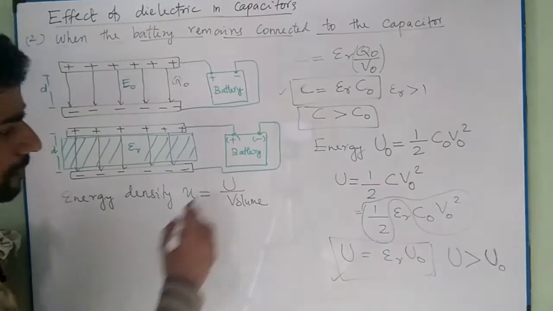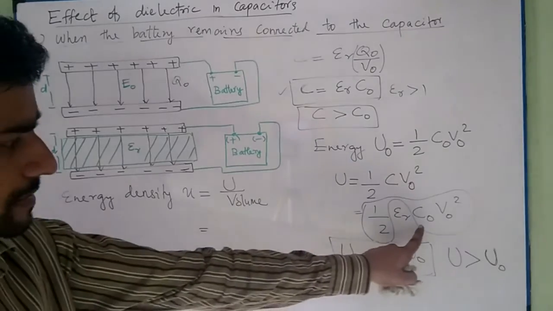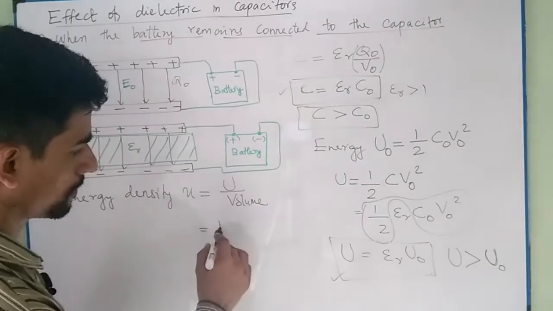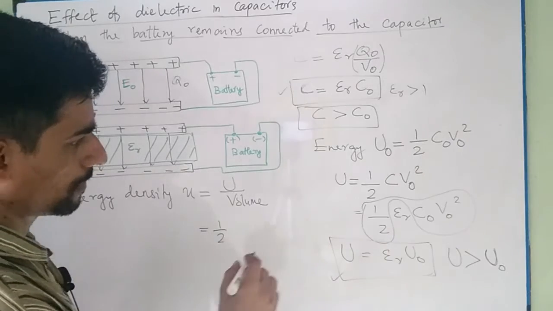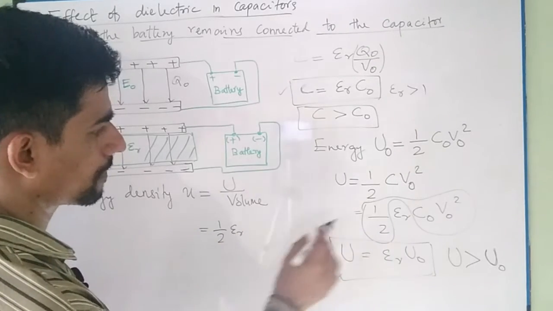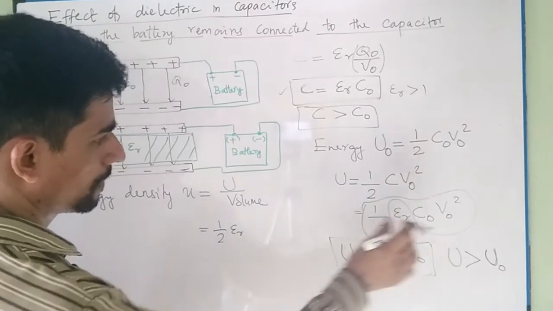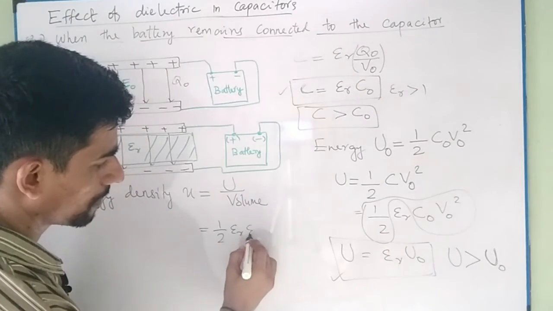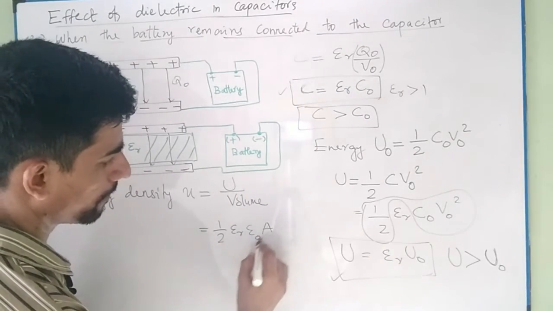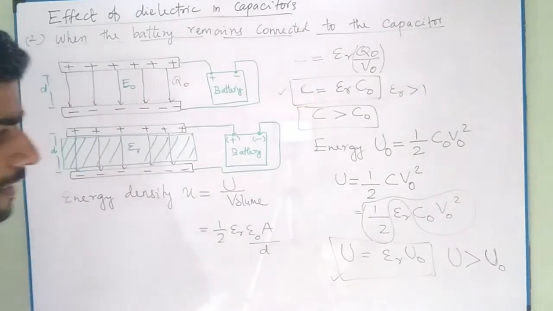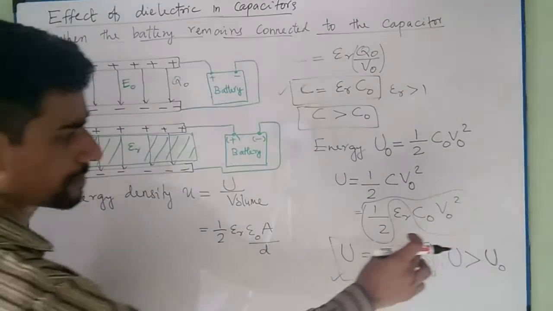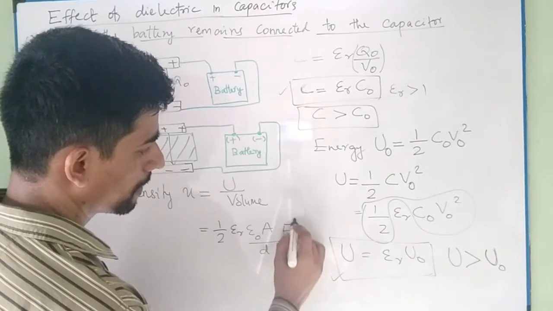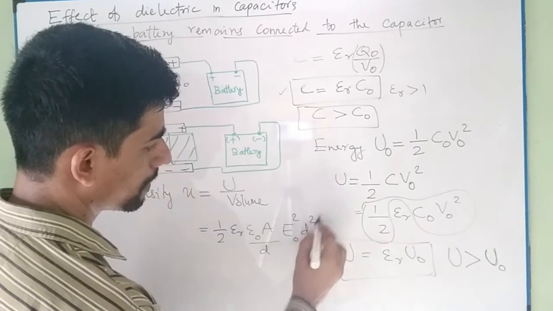Instead of energy U, we substitute 1 by 2 epsilon R. Instead of C0, we substitute epsilon naught A by D, and instead of V0, we write E0 D, so V0 square is E0 square D square.